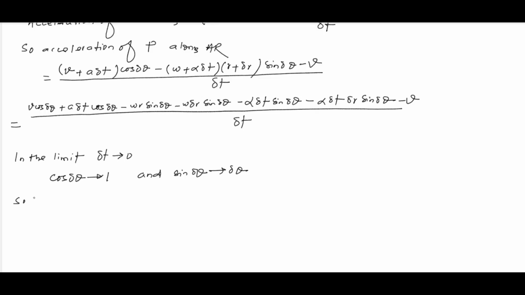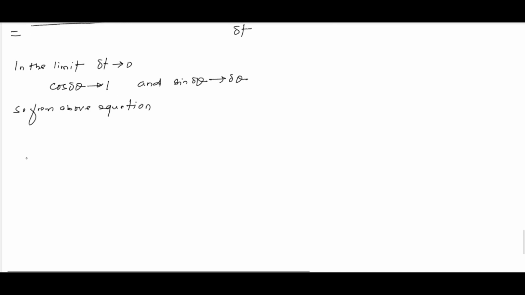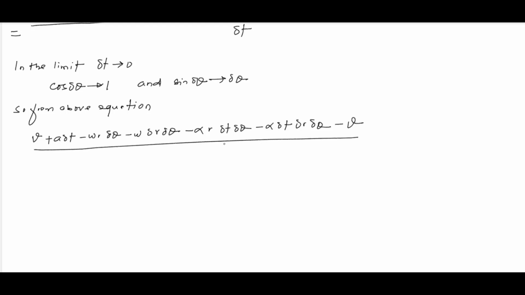Okay, so from above equation, we can simplify this as v plus a del t minus omega r del theta minus omega del r del theta, okay, minus alpha r del t del theta minus alpha del t del r del theta minus of v, so divided by del t.